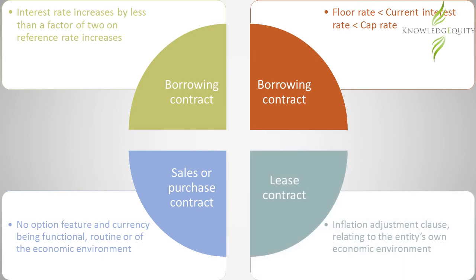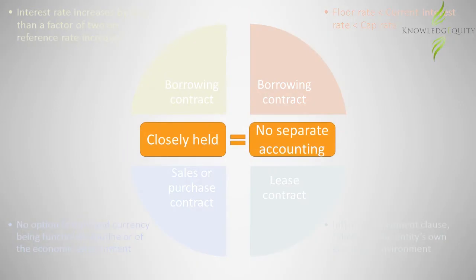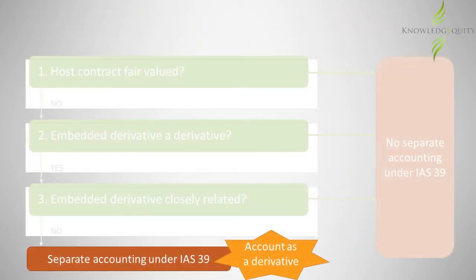Lastly, for a lease contract, where there is an inflation adjustment clause that relates to the entity's own economic environment. In all of these situations, the embedded derivative would be deemed closely related and would not need to be separately accounted for. However, if the embedded derivative does need to be separately accounted for, it should be treated as a derivative and valued accordingly.